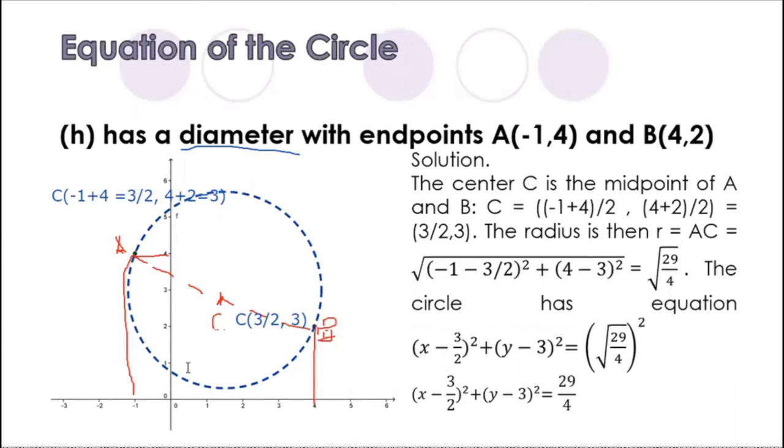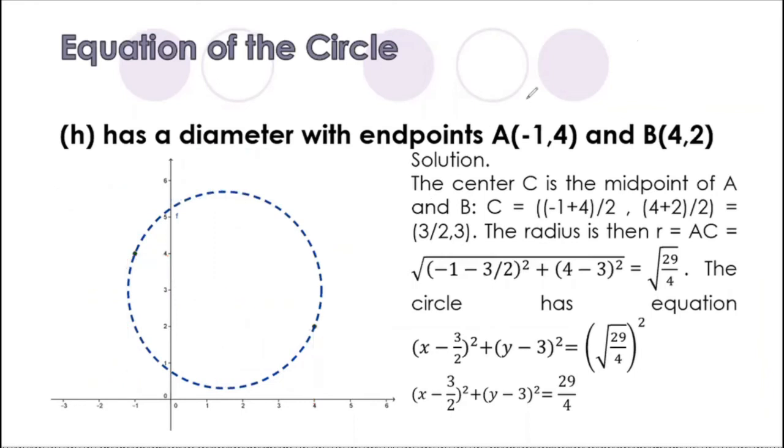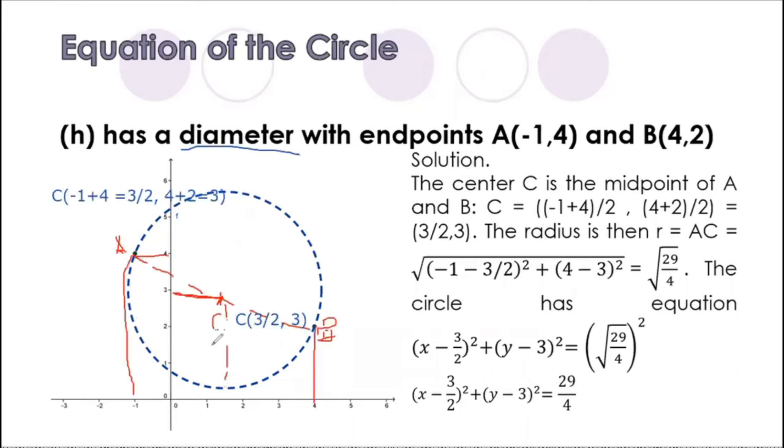Nandito siya. Tama, oh. 1 and 1 half. Then, ang kanyang y ay 3. Ito siya. So, tama ang ating coordinates. Ayan. Okay? So, ang susunod nating itatarget ay ang radius.